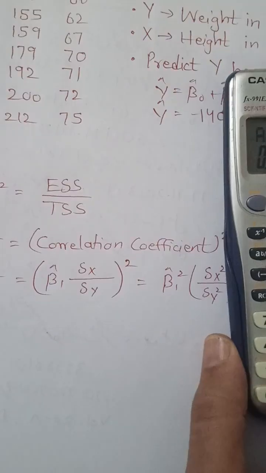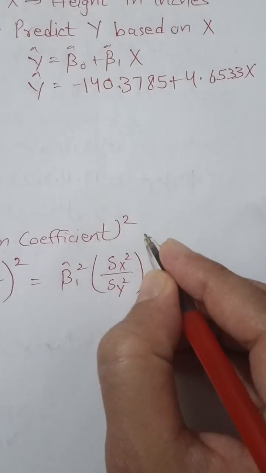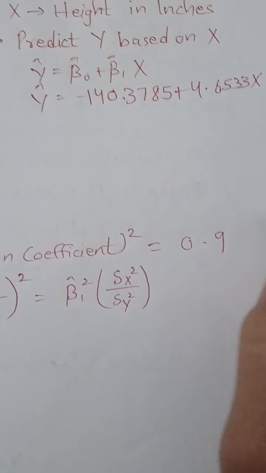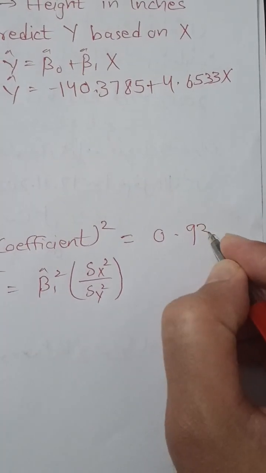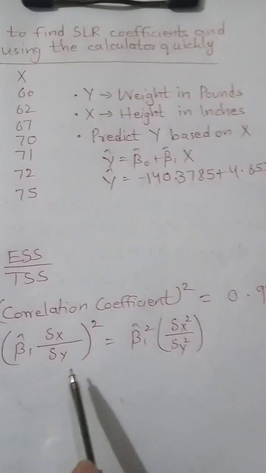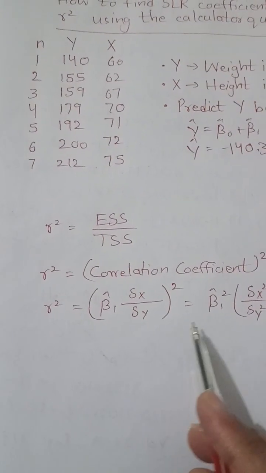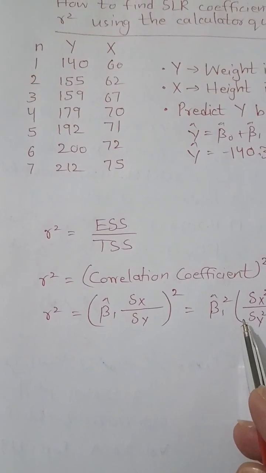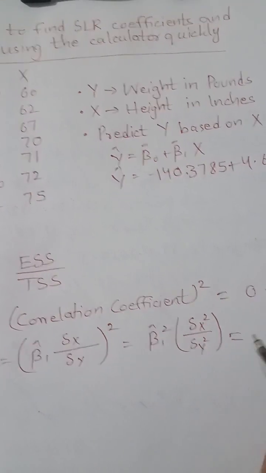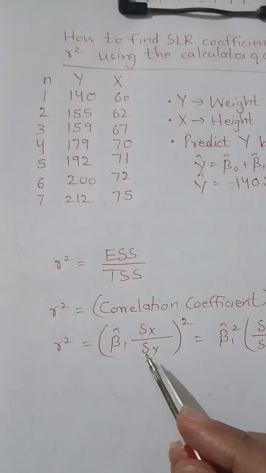So our R square value is 0.9311. We can find the same answer using this formula or this formula. What do these terms mean?